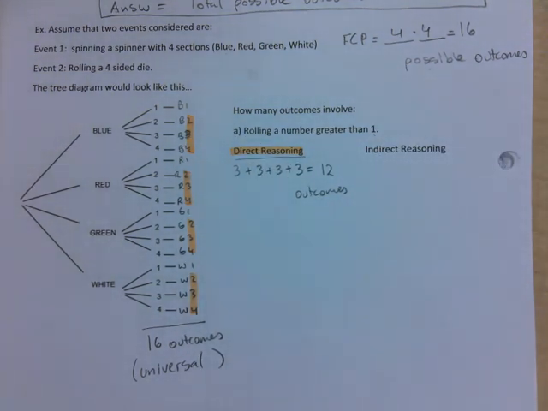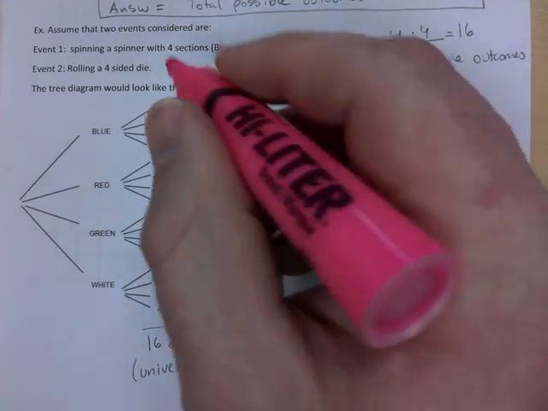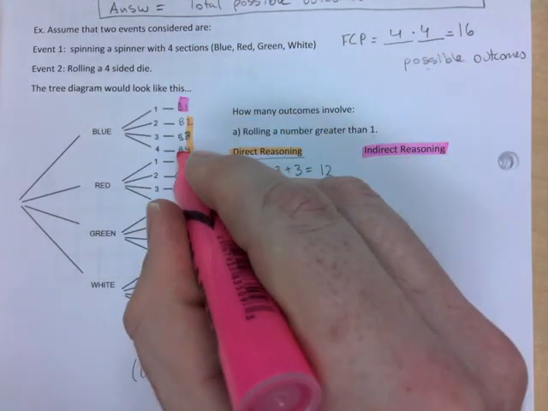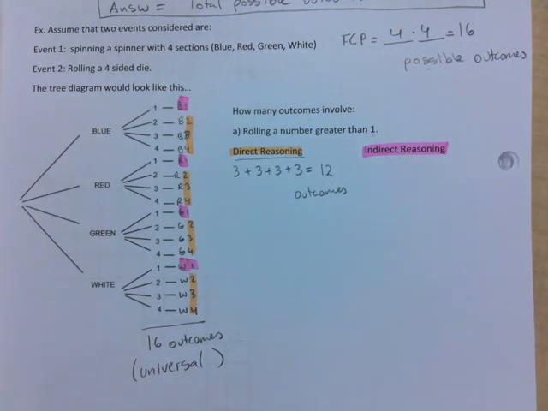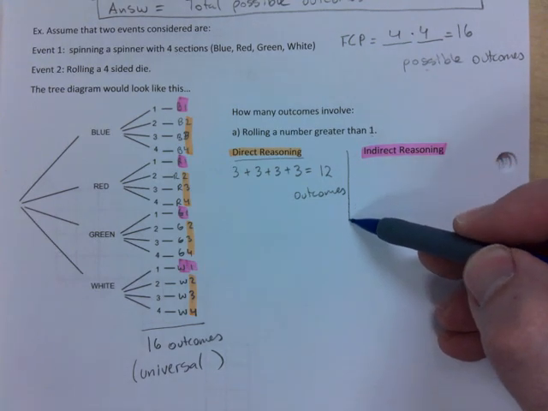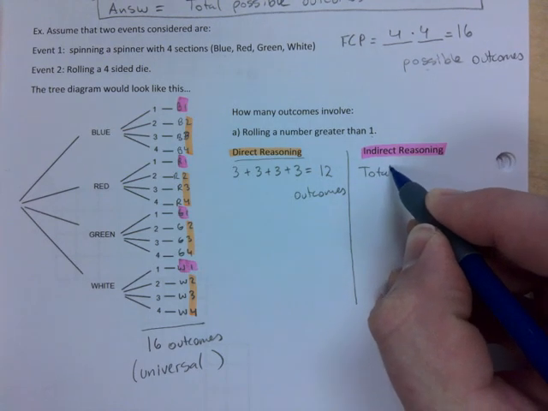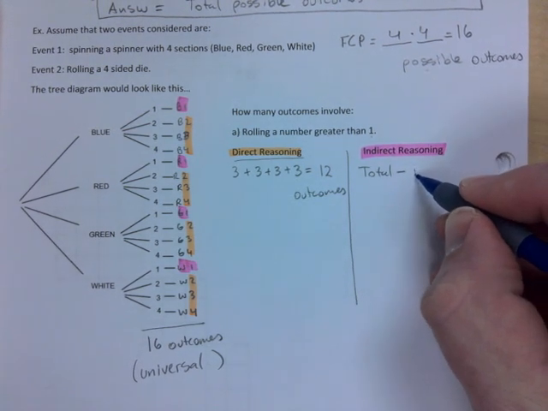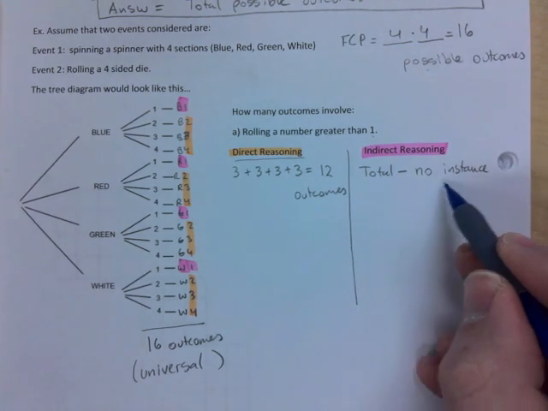And indirect, how would we go indirect if that's the path you want to go? Well, you take all the cases that do not apply and subtract them from the total. I'm going to split this. We go total minus no instance, or you can write do not apply.